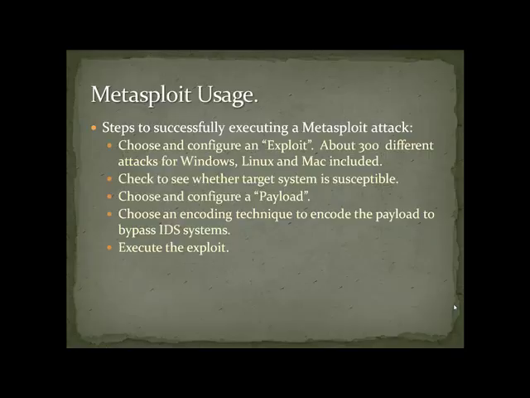Now let's talk a little bit about how to successfully use MetaSploit to launch an attack. We'll launch the MetaSploit framework GUI. Once you download and install the GUI, you can launch it. So once you get the GUI, you will see a list of about 300 different exploits in the exploit window, broken down by system types like Linux, Windows, and Solaris.